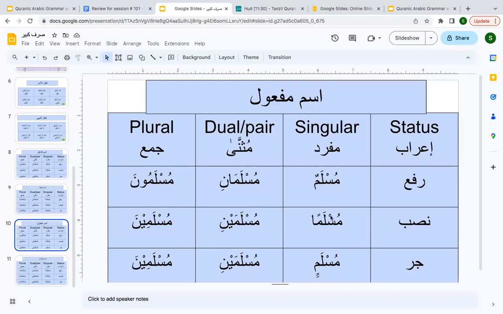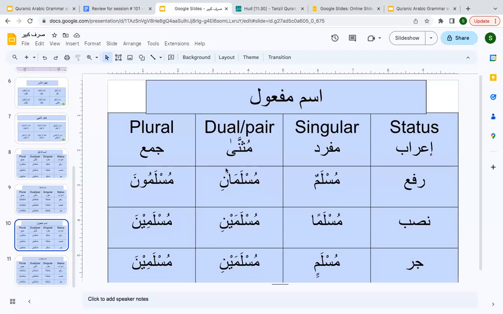Muslimun, Musliman, Muslimin, Muslimani, Muslamaini. So you have zarf as a majroor, right? It can be majroor, it can be raf, nasb, jar, anything, because this is ism zarf.